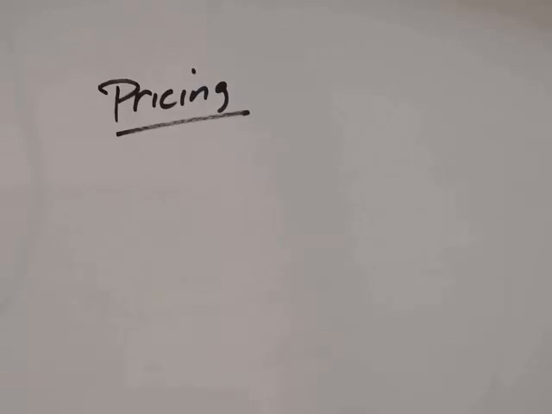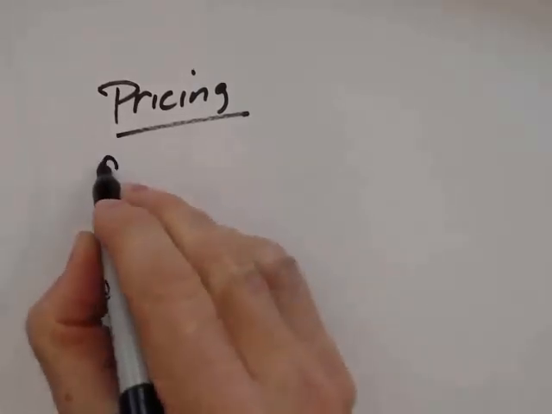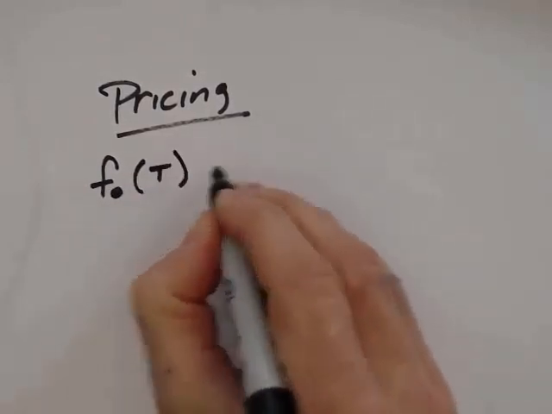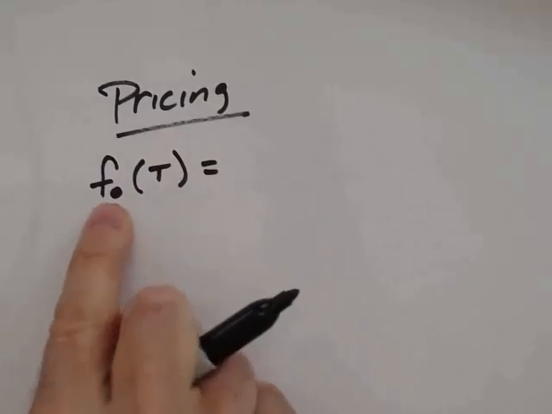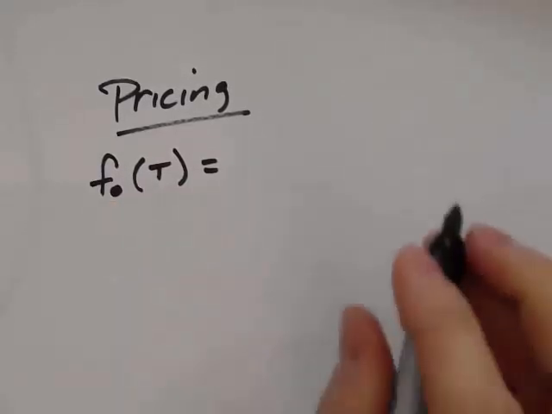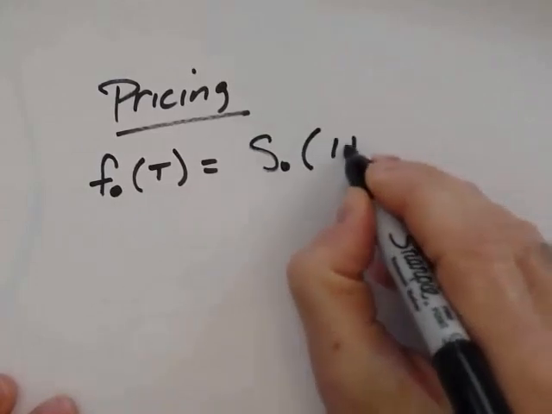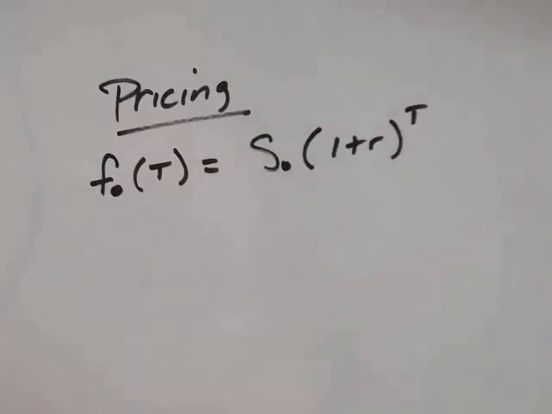It's just simpler. So here we're going to boil everything down. This is the workhorse model of futures pricing. It says the futures price today for a contract that matures at time t is the spot times 1 plus r to the t power.